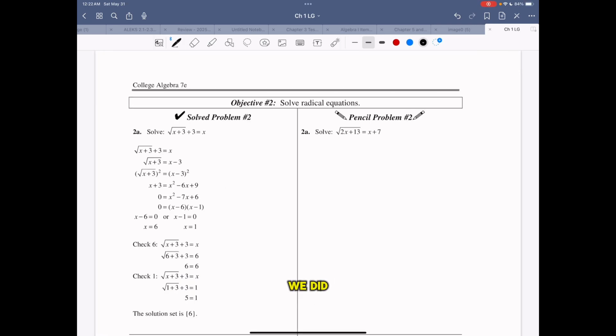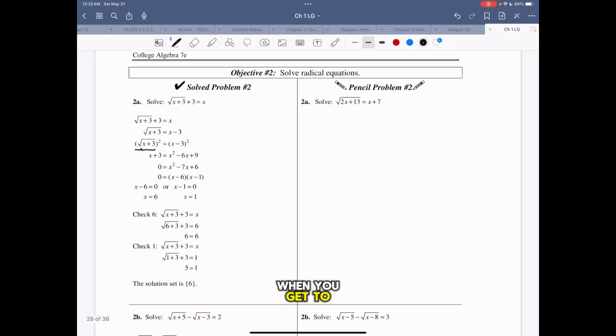Okay, so I believe we did one like this in class. So you just have to take into consideration the method of multiplying an expression under a radical. If you look at the example, when you get to figuring out your solutions, you need to also check your solution to see if it makes sense.